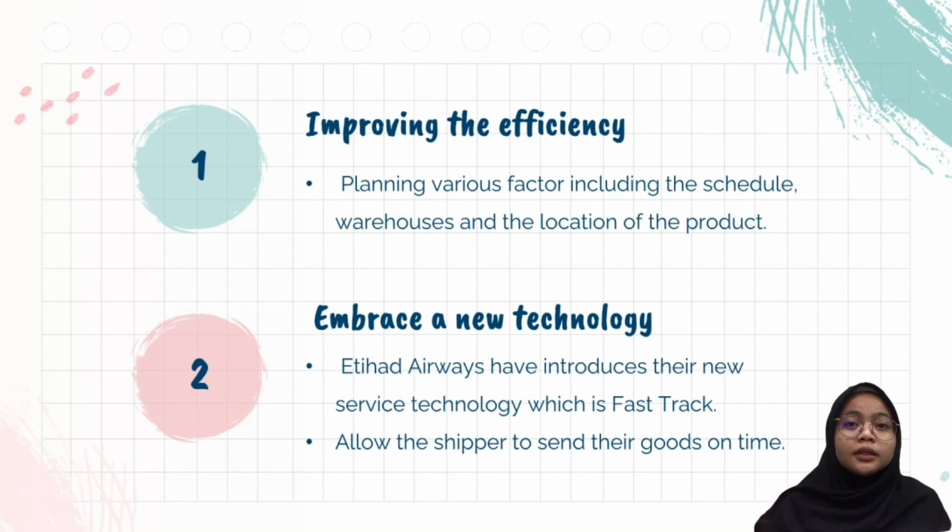For example, the carrier must plan the schedule of the goods that they want to ship, so the goods would not be delayed in delivery to the customers. From that, it can increase the customers' trust towards the carrier that they use.